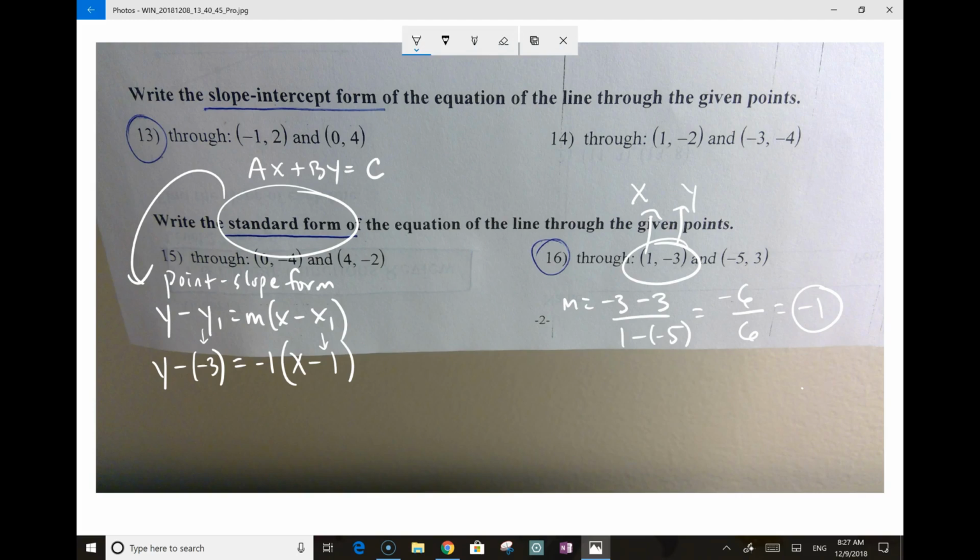Now, this equation is all filled in, but I have to simplify it. So it's going to be y plus 3 is equal to negative, and I'm going to go ahead and distribute here. So negative 1x plus 1. I have to begin to distribute in order to show that I'm changing it into this form here, because that was the game plan from the beginning.